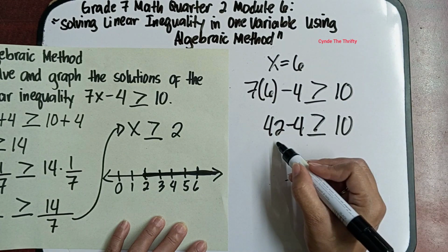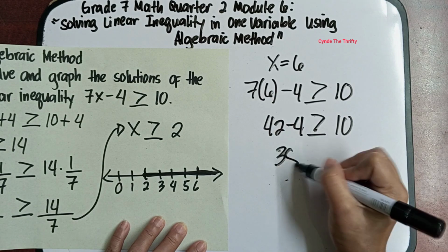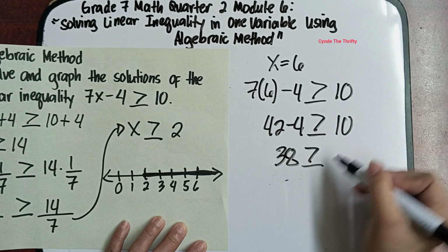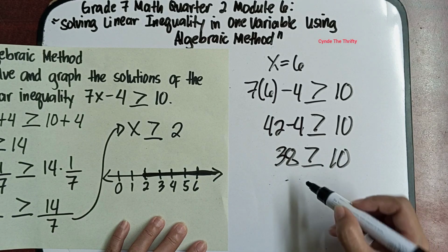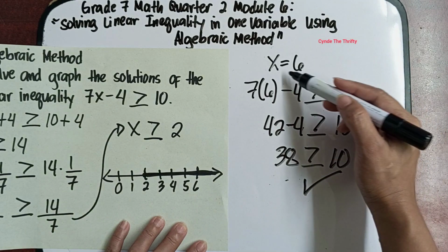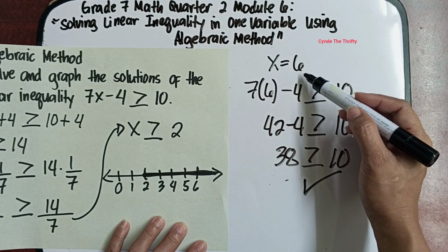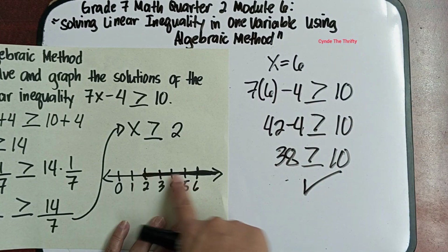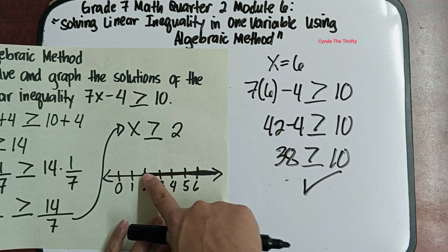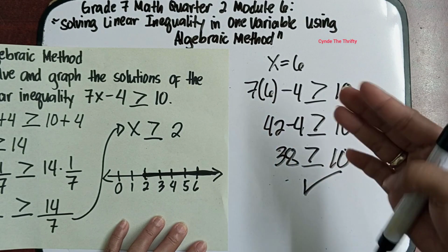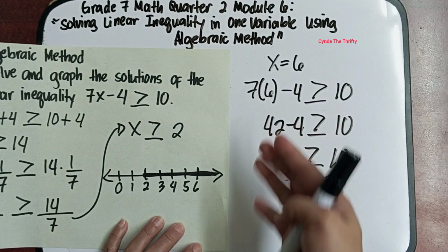So 42 minus 4 is equal to 38 is greater than or equal to 10. So, si 38 is greater than 10. So, therefore, tama ang ating solution na si x is a positive 6. So, lahat ng number dito na galing kay positive 2, papunta dito sa right side, lahat ng mga positive integers is pwede mong gamitin as your solution.